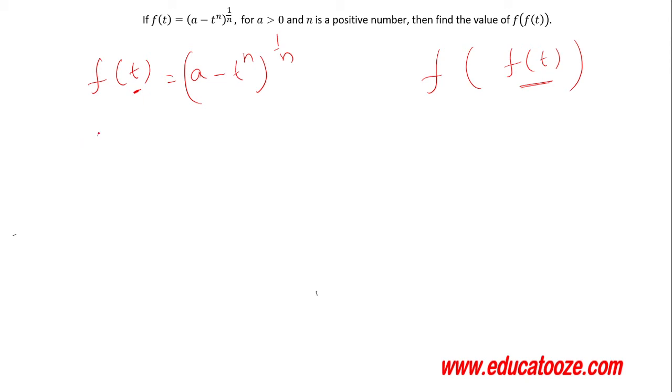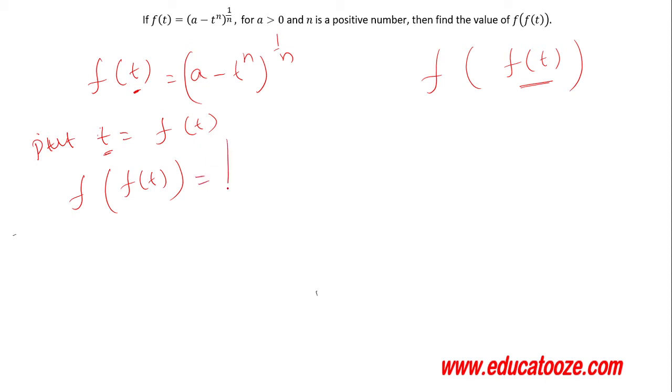Now put t equal to f of t. That means wherever we see the term t, we put f of t in the above expression. That means we get f of f of t. I have put the value of t as f of t.